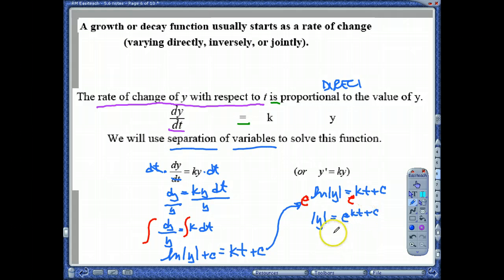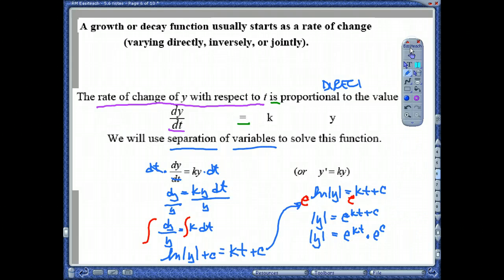When we multiply, we add our exponents. So this guy was once this guy. We still have that absolute value. And then this right here is just a constant, so we're going to rename it as c.